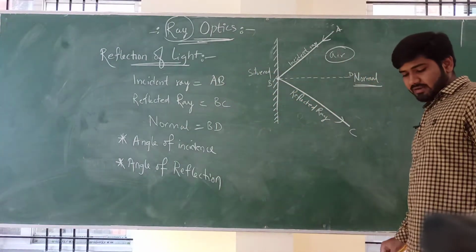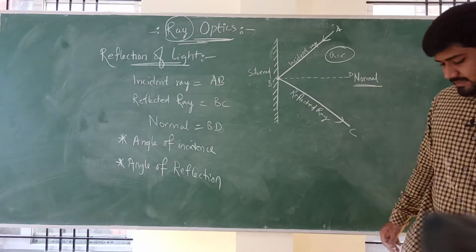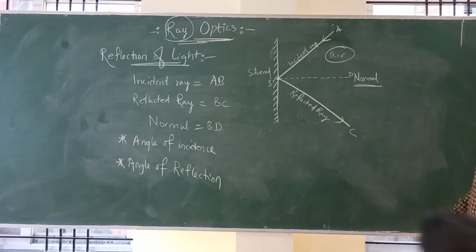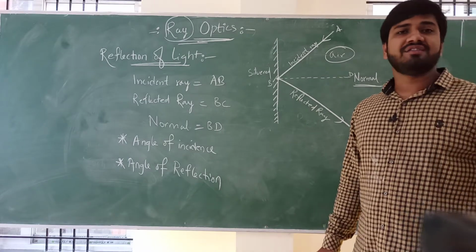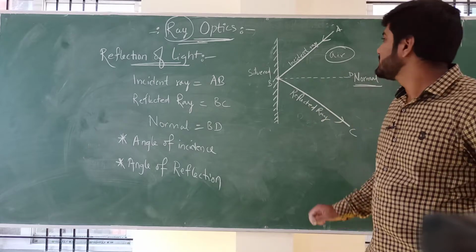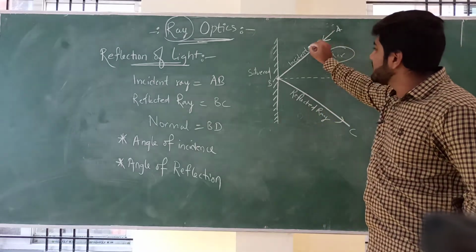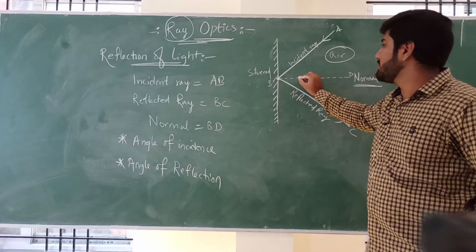So just see, I will tell you the angle of incidence is nothing but the angle made by incident ray and the normal. See here, AB is incident ray, and normal BD.